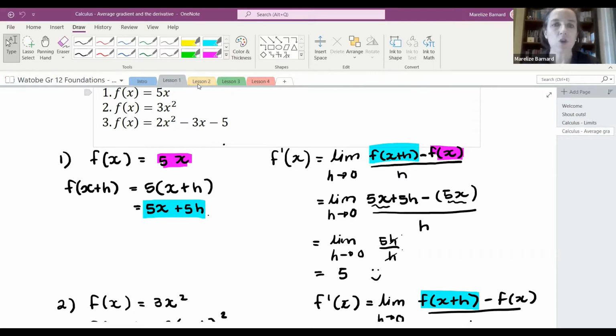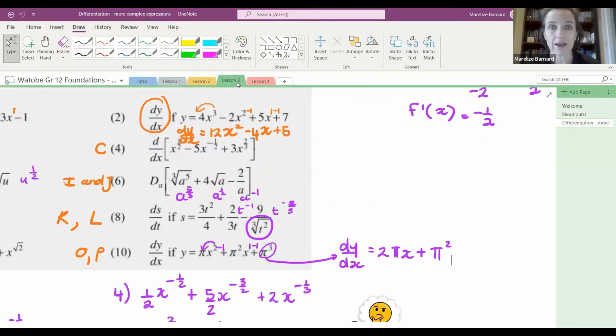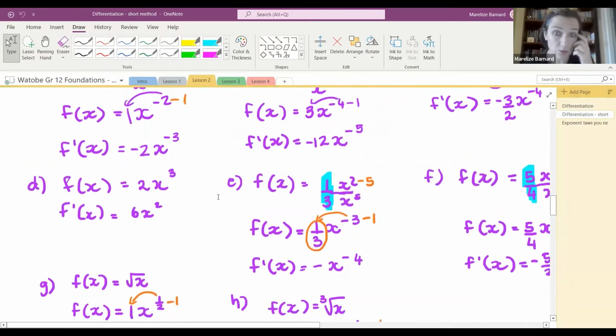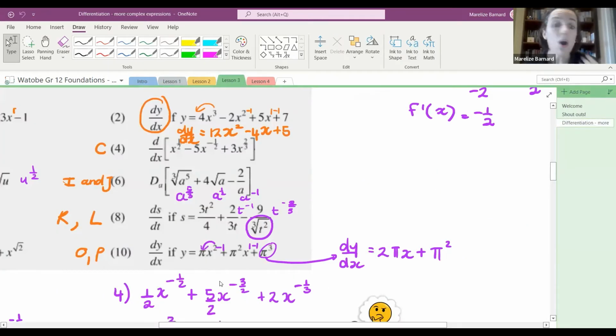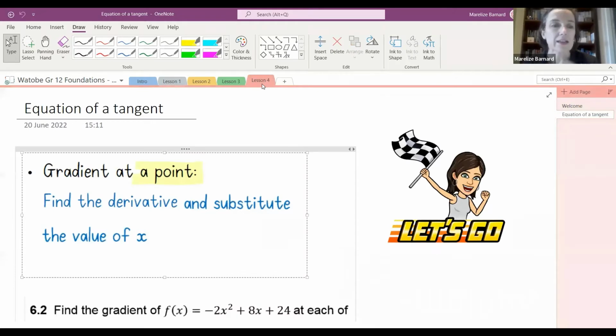So if you understand that that is what calculus is, then you are well on your way to understanding calculus. The derivative is another word for the gradient, and all that differentiation we did the other day gives us an equation that can help you calculate the gradient at any point.